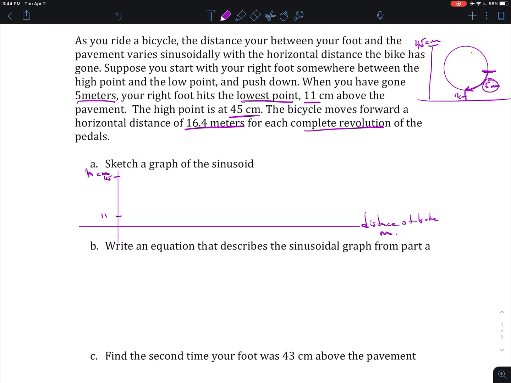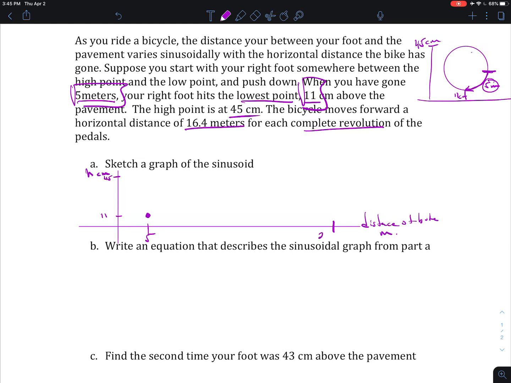11 and 45 are the key values I know about the height of your foot on the pedal. And the first information we were given was 5 meters in distance, and that's when the foot was at the bottom, or 11 centimeters above the ground. So that's going back to this information right there. We know that the period, the horizontal distance of the bike moving forward, is 16.4 meters.